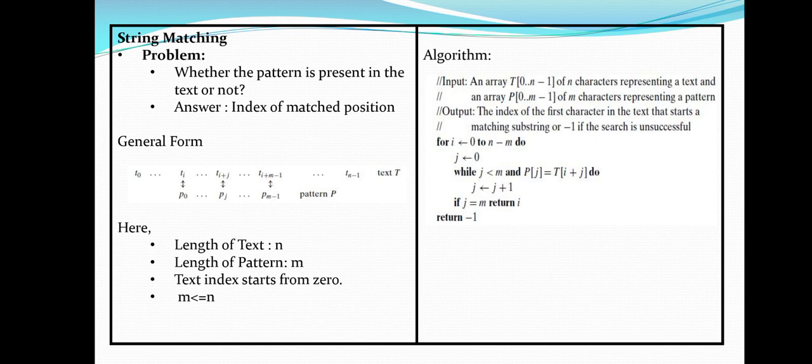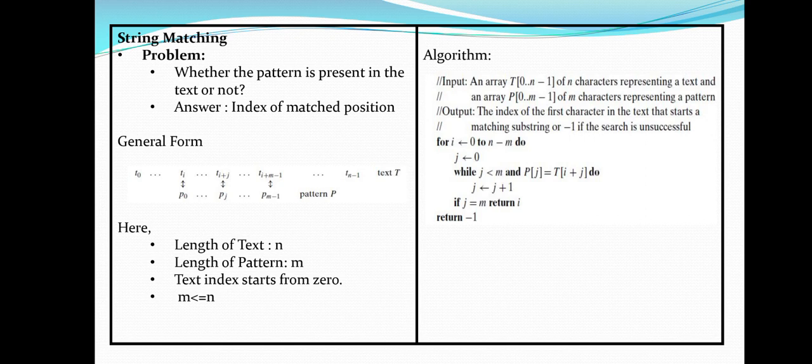So next, j equal to 0. They are considering the pattern length in j. So j equal to 0. The while loop has to run until j reaches m, that is the pattern length. When the pattern is matched with the text, then we have to increase the index of the pattern.